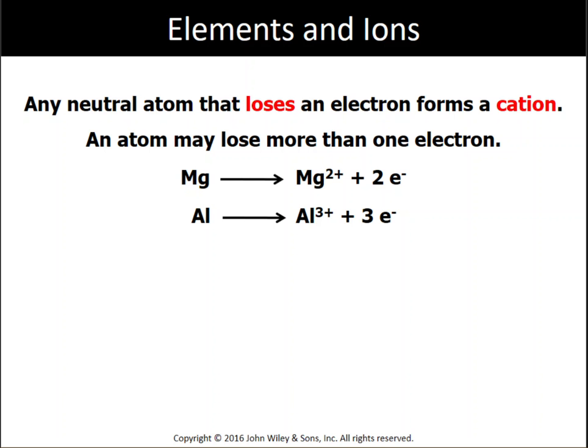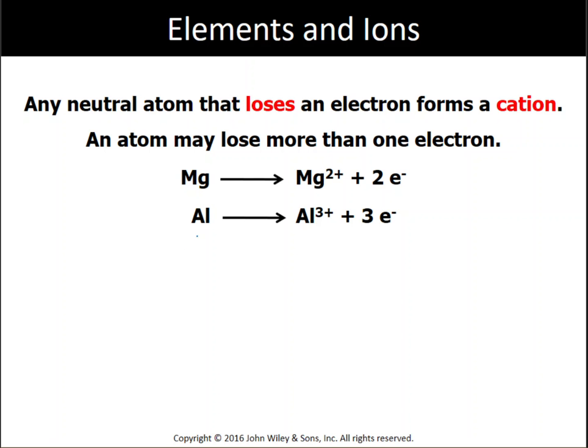So losing electrons results in the formation of cations. For example, magnesium loses 2 electrons and becomes magnesium 2 plus, which is a cation. Or aluminum loses 3 electrons and becomes aluminum 3 plus, which is also a cation.